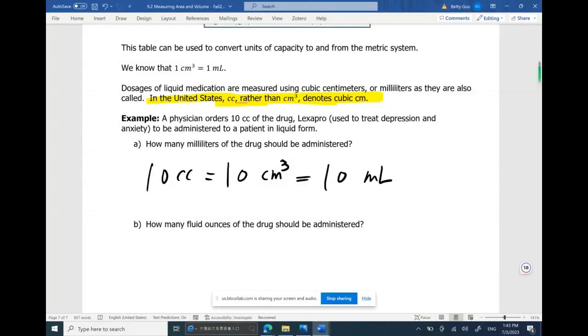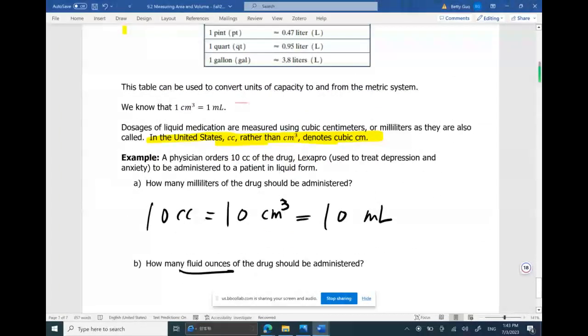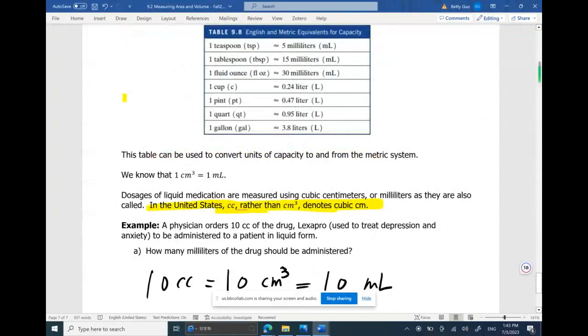Part B, how many fluid ounces of the drug should be administered? So we go from milliliters to fluid ounces.